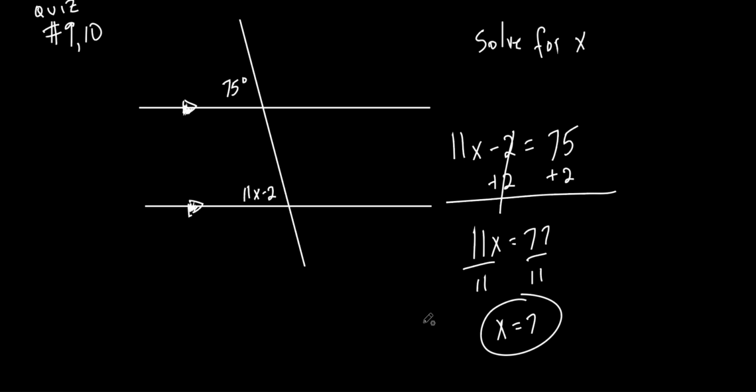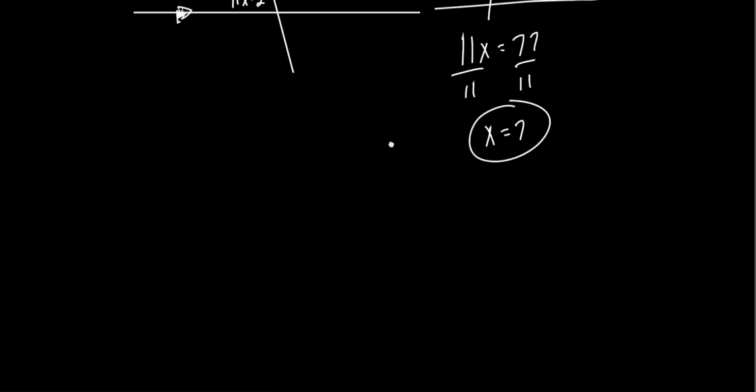Can you handle that? Yeah, you should be able to. Let's do another one, and then we'll be done. I don't know why I made that so big. That's okay. Let's find a good one. 180 minus 132 is 48.